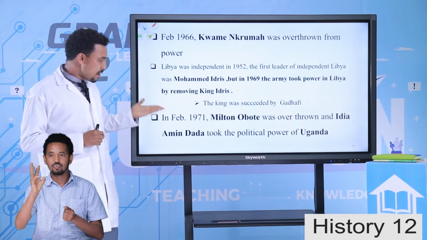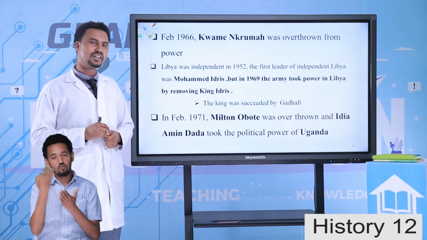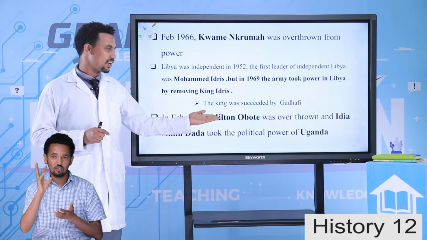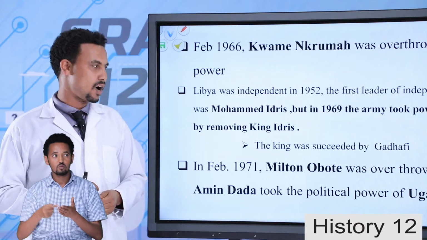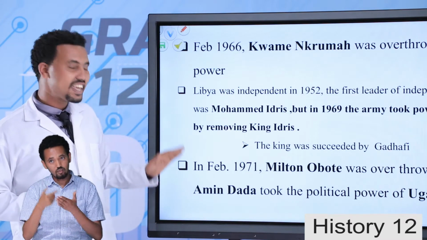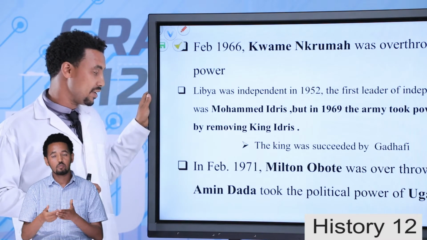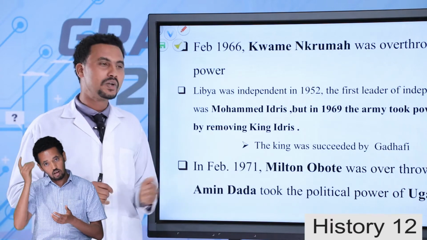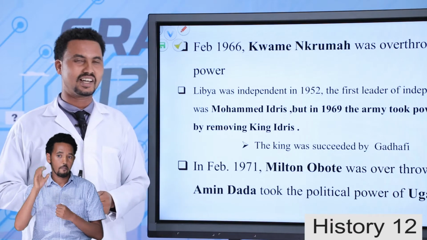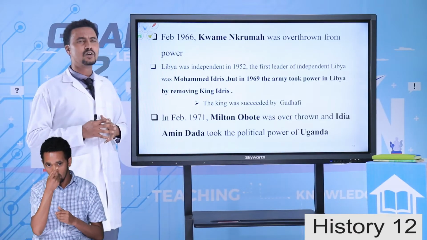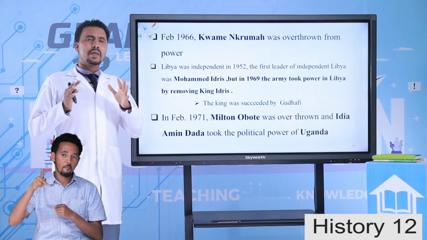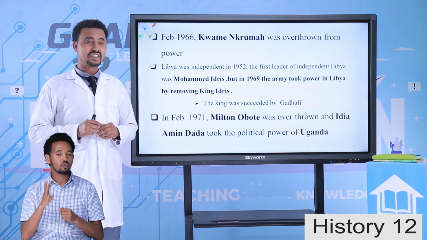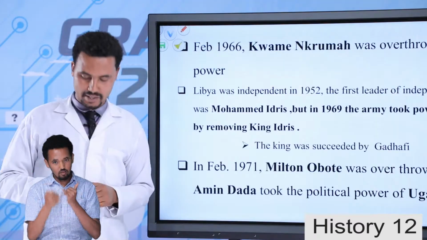The other one, in February 1971, Milton Obote was overthrown from power and succeeded by Idi Amin Dada. Idi Amin Dada took political power in Uganda. Those political changes occurred after independence.